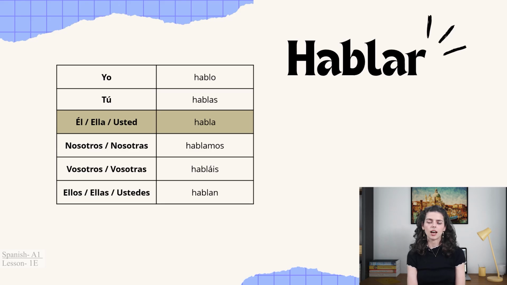Usted habla. Notice él masculine, ella feminine, usted formal. We say habla. Nosotros o nosotras hablamos. Vosotros, o vosotras habláis. Ellos, ellas, or ustedes hablan.